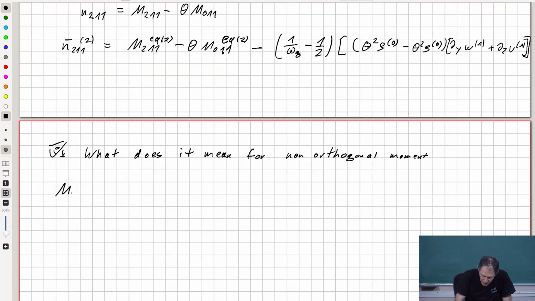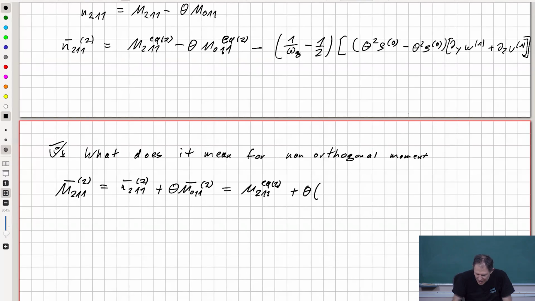Now we have M211 over bar second order is equal to N211 over bar second order. Now we invert this, so now we have to add theta M011 over bar to second order, which becomes M211 equilibrium to second order plus.